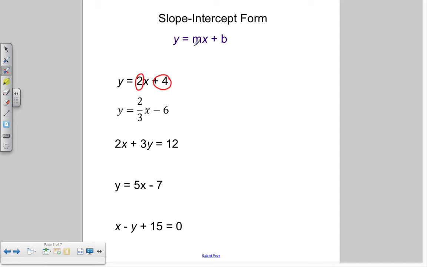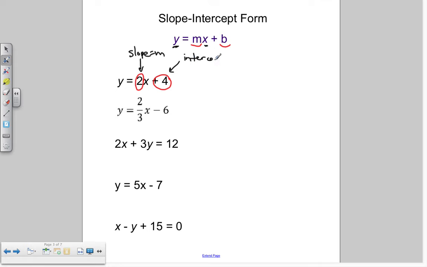I always have an x and a y in my equations, because these are all linear equations that have two variables. So in slope-intercept form, this will represent my slope, and they always use the letter m. Don't ask why, I don't know, but they always use the letter m. And this is b for my intercept.